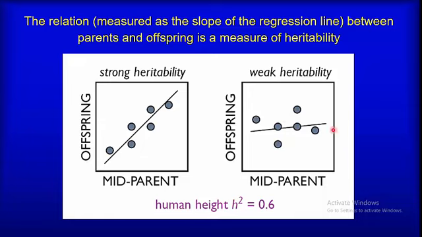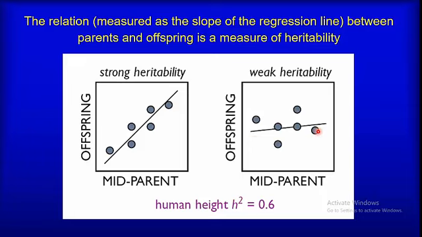On the other hand, if you have a situation like this, where there isn't really a major pattern in terms of the parent values and the offspring values, then this is roughly what it is going to look like. The main point to note is that if you fit a best fit line to this, the line is going to have a much shallower slope.